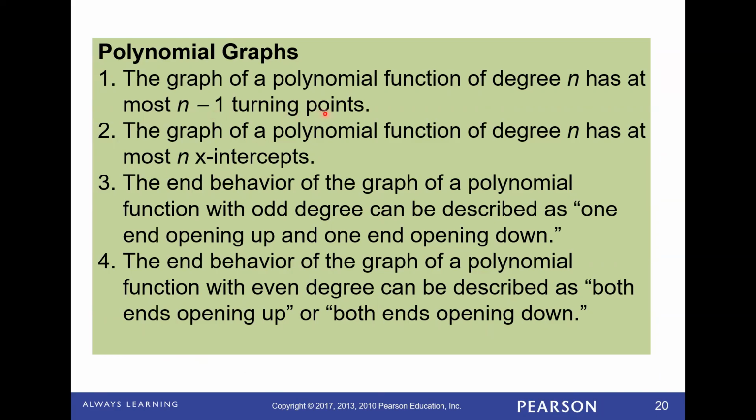How many turning points can help us identify what the degree is, but we also want to add in the number of x-intercepts. Between the two of these, I can kind of tell you what the degree of any type of graph will be. And then the end behavior is also another indicator of its degree. That's going to narrow it down to being an even or an odd degree.